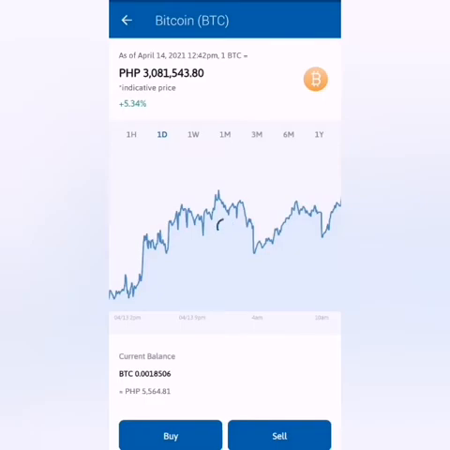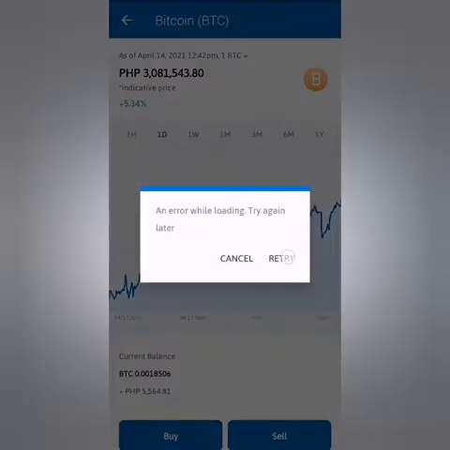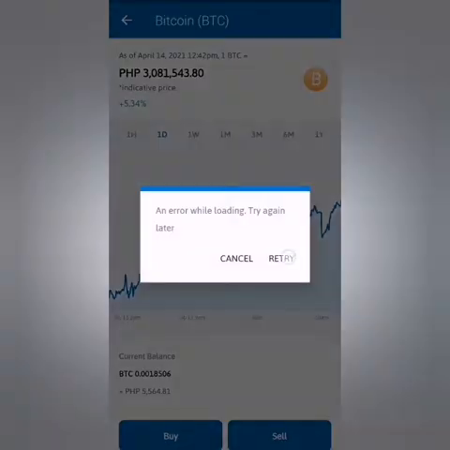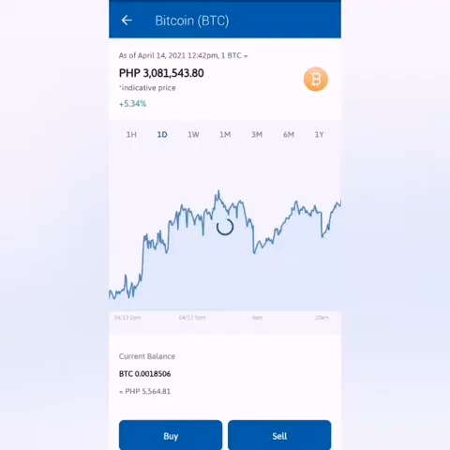It's already in pesos. As you can see here, as of April 14, I'm sorry, my internet connection is not that great. But as of today, the Bitcoin price is 3,082,000 pesos. So it's very high.